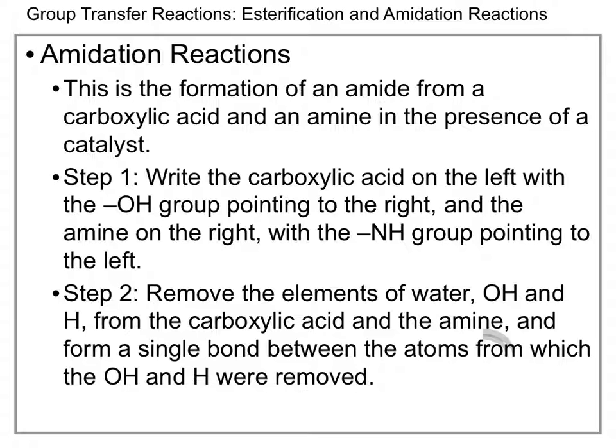When writing an amidation reaction, it's very, very similar. We're going to write our carboxylic acid on the left with the OH group pointing to the right, and we'll write our amine on the right with the NH group pointing to the left. We will remove the OH from the carboxylic acid and the H from the amine, and we will then form a single bond between the atoms from which the OH and the H were removed.